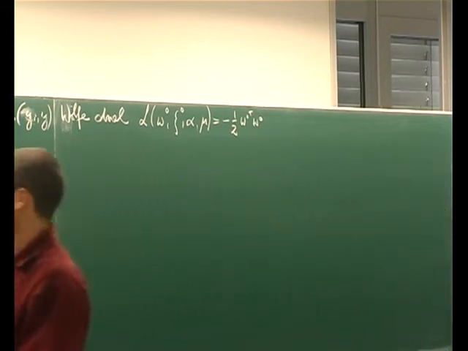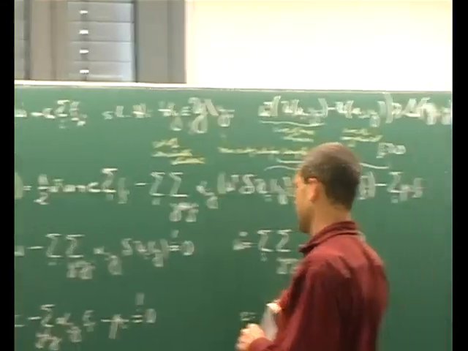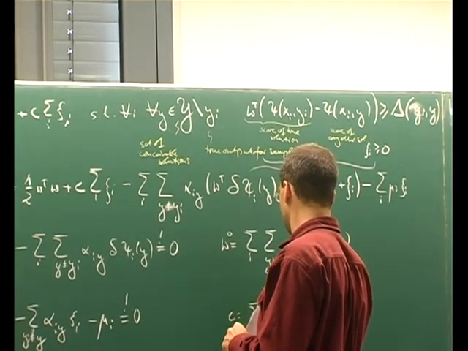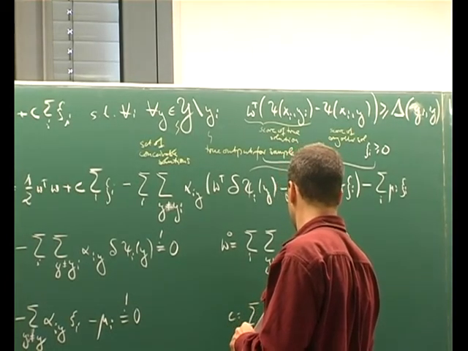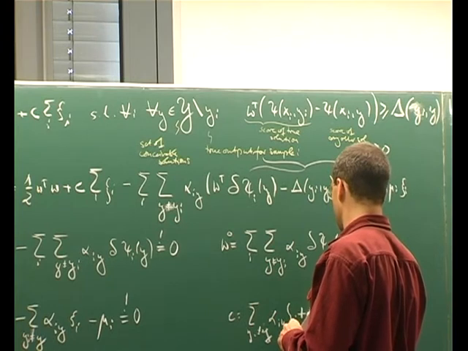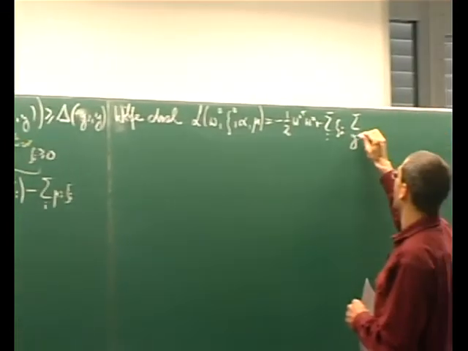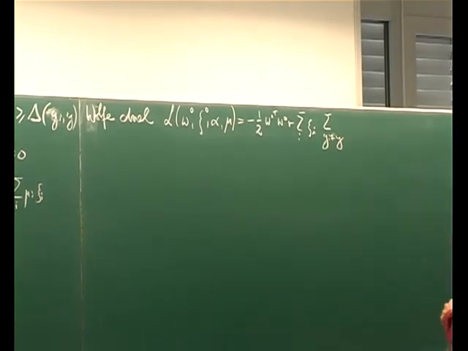So I first replace C here. So this gives the plus the sum over I psi I times the sum over all the wrong solutions.